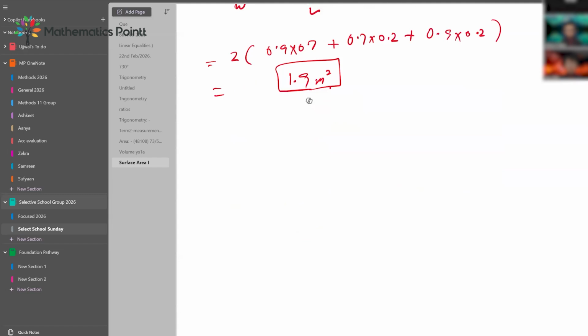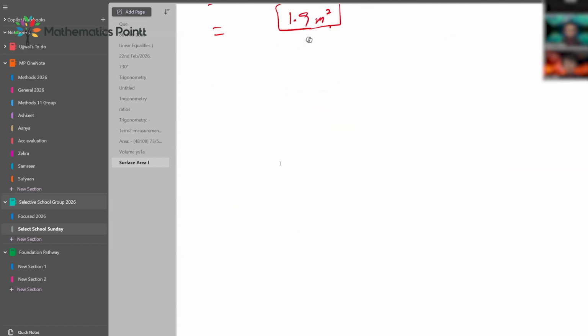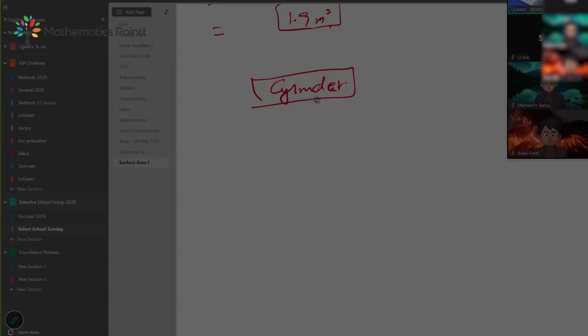All right. Okay. Let's now go to another important 3D figure, which is cylinder. Now, if you look at a cylinder, maybe take a snippet of how it looks.